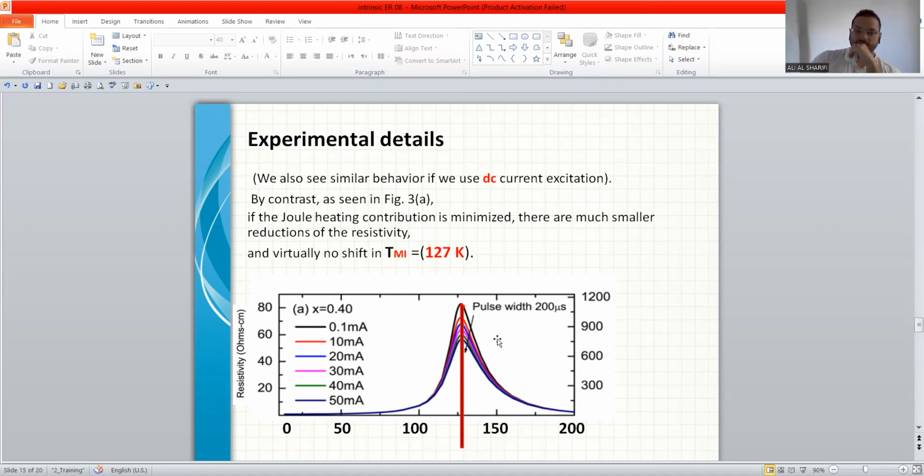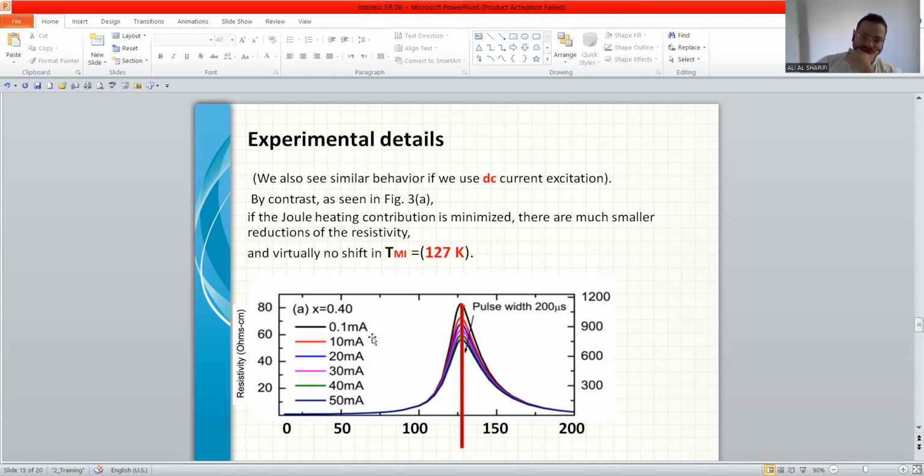We also see similar behavior if we use DC current extension, but here we use pulse current. By contrast, as seen in figure 3a, the Joule heating contribution is minimized. There is a much smaller reduction of the resistivity. Let me explain that.